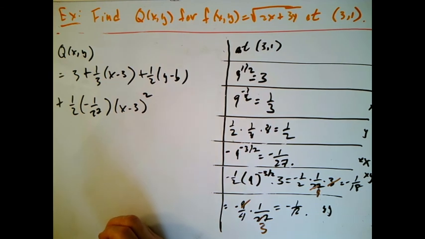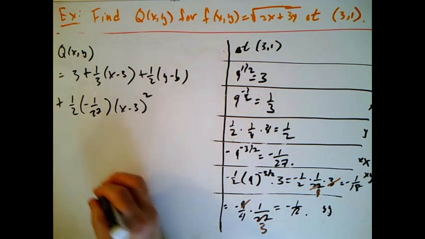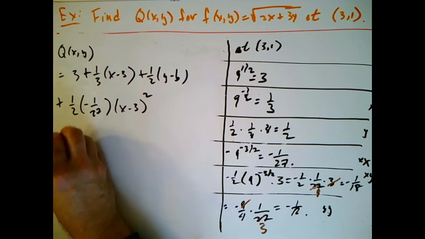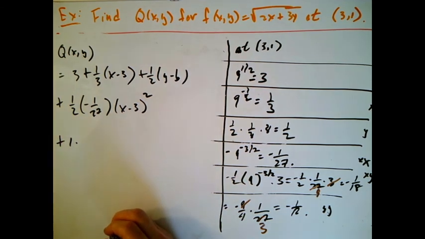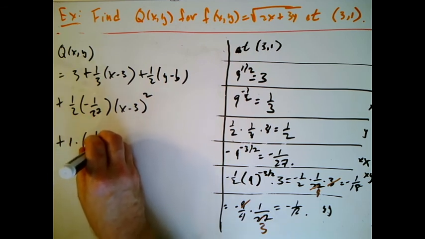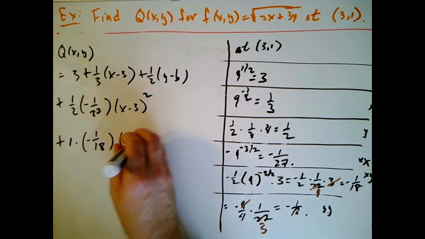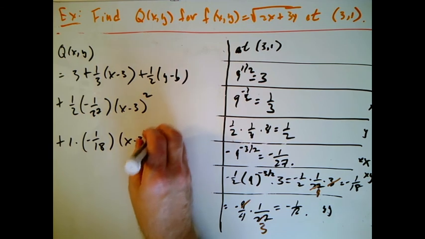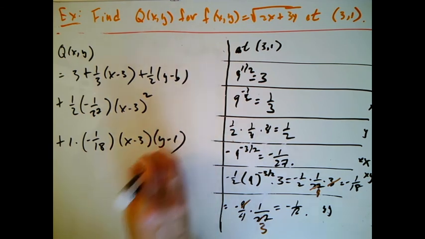Now I should have 1/2 fxy plus 1/2 fyx, but they're going to wind up being the same here. So we're just going to have 1 times fxy, which is minus 1/18th. And this is going to have both involved, x minus 3, y minus 1 like that.